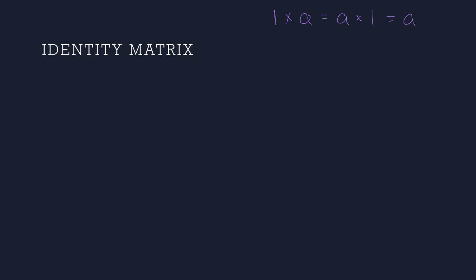So we also have a similar property for multiplication of matrices. For any square matrix, so same number of rows and columns, there is an identity matrix. And for 2 by 2s, the identity matrix is this one with 1s along the diagonal and 0s everywhere else.